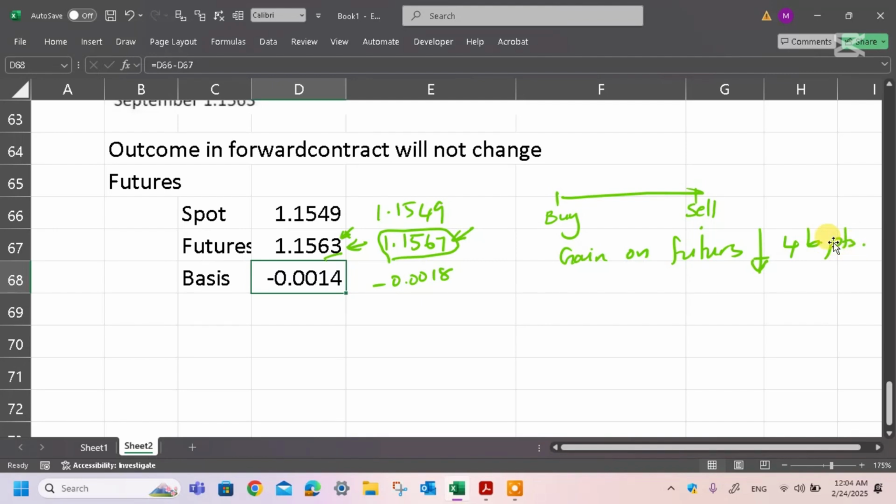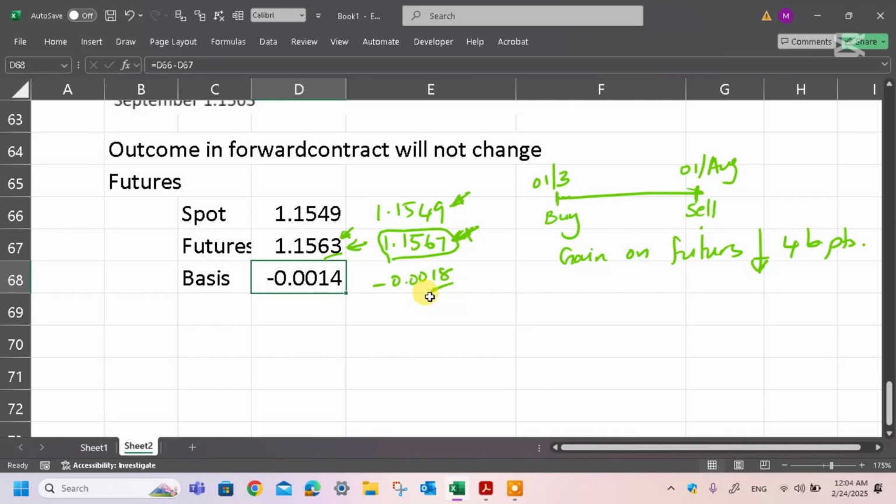That means if the gain is less, my overall cost is going to increase. Repeat, we are doing a hedge where we initially buy and sell later. The buy price is fixed, that is on 1st of March. On 1st of August, as per our calculation and expectation, if the spot was this, the futures price should have been this 1567, so that the 18 basis points assumption remains valid.